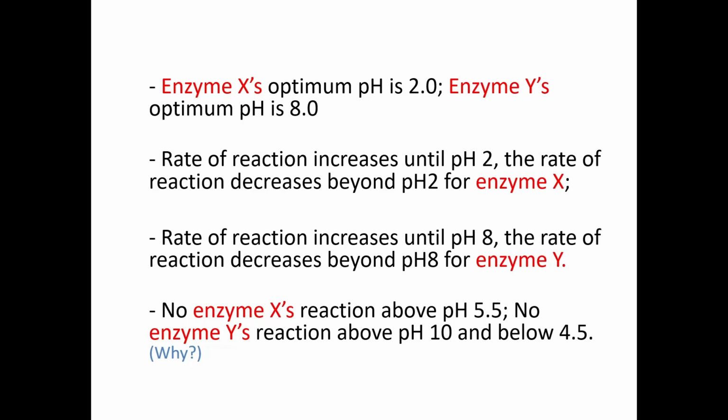The rate of reaction increases until pH 2, and decreases beyond pH 2 for enzyme X. For enzyme Y, the rate of reaction increases until pH 8, and whatever goes after pH 8, it drops. So there is no enzyme X reaction at pH 5.5, and no enzyme Y reaction above pH 10 and below 4.5, because it has already slowed down and started to denature.